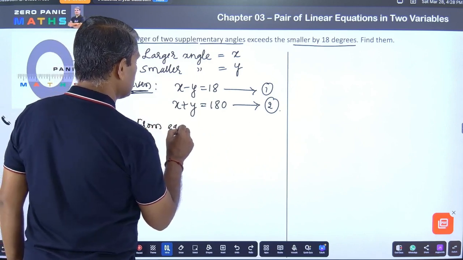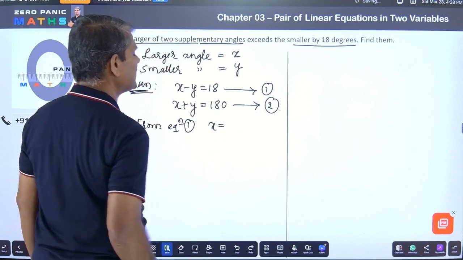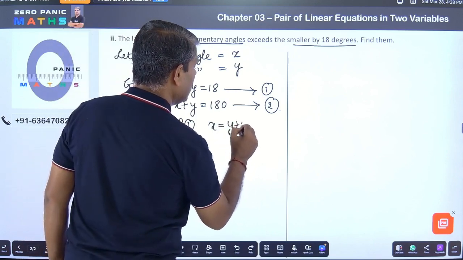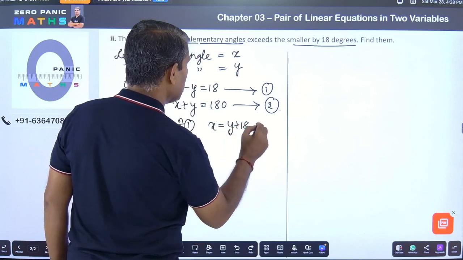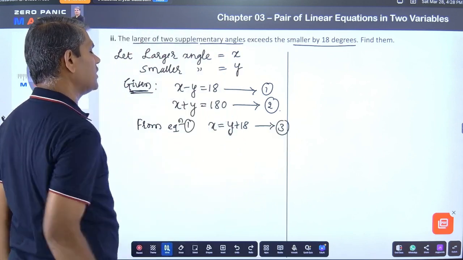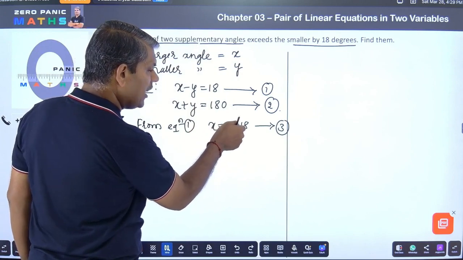From equation 1, what I can get is the value of x. The value of x is y plus 18. You can call it equation 3. This is the information given, that the larger angle exceeds the smaller angle by 18.